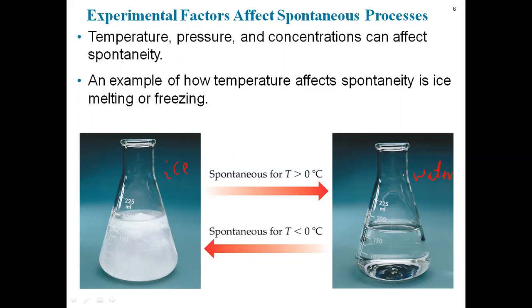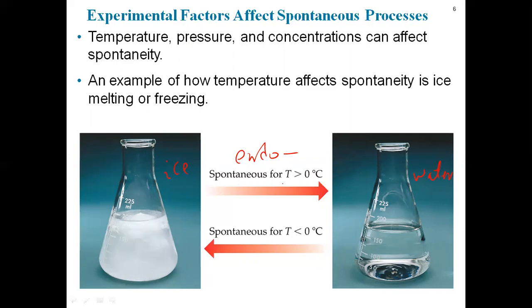If we increase the temperature above 0 degrees Celsius, ice melts. If we cool the temperature below 0 degrees Celsius, water freezes. And we know in these two processes, heat, or energy, is involved. The melting process, going from ice to water, is an endothermic process.